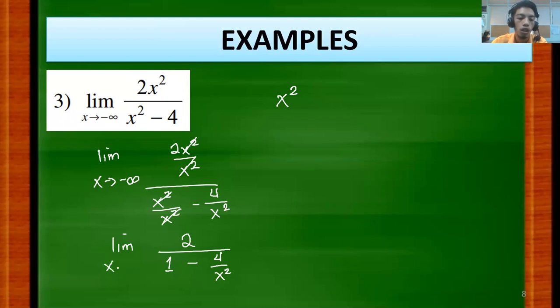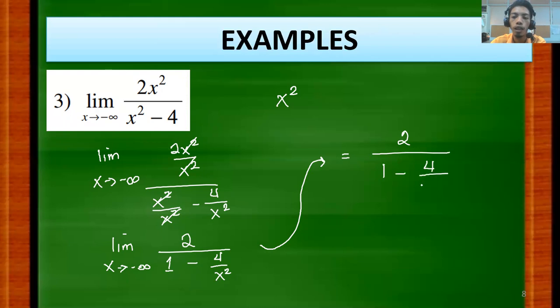It can no longer be simplified, so it stays as is, as x approaches negative infinity. In this case, we are going to substitute infinity for all x. So you will have 2 over 1 minus 4 over negative infinity squared. Again, anything divided by infinity becomes 0.